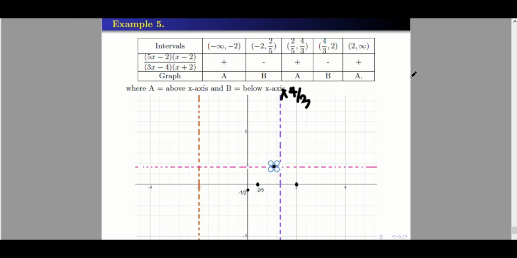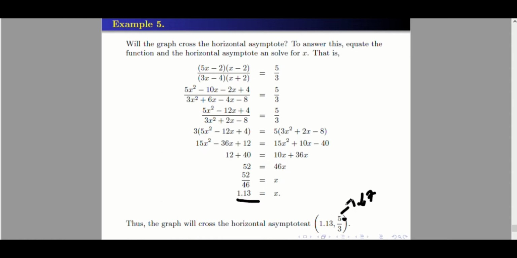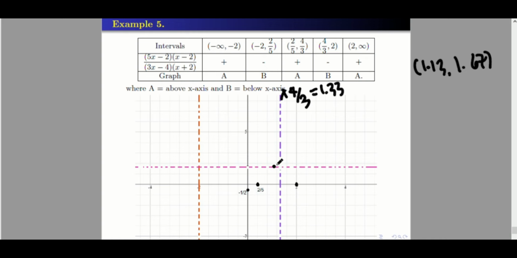So 4/3 is 1.33. And our point of intersection is 1.13 and 1.67. Okay, from this point, meaning it should be before the 1.33 because we are only looking at the x-axis for this part. And the 1.67 is the horizontal asymptote. So the graph should cross here.